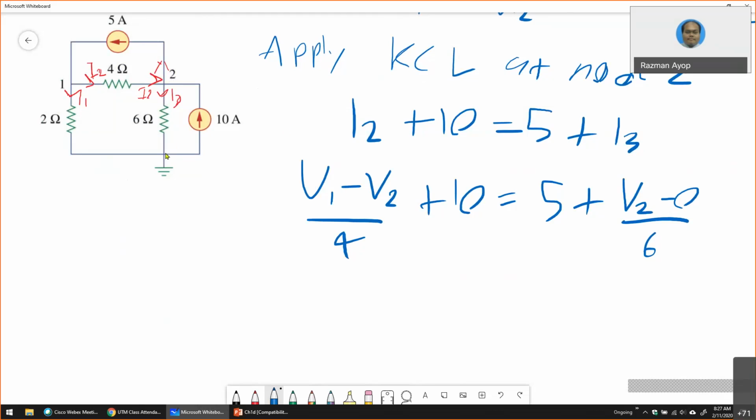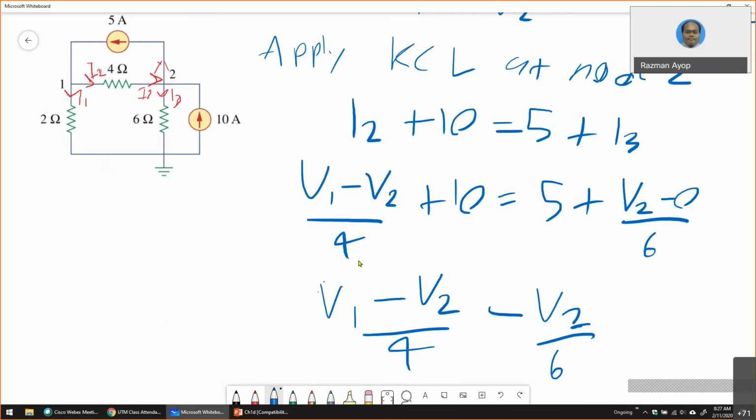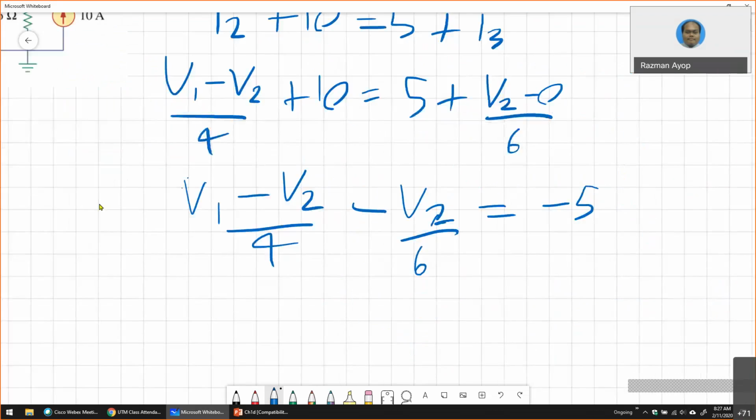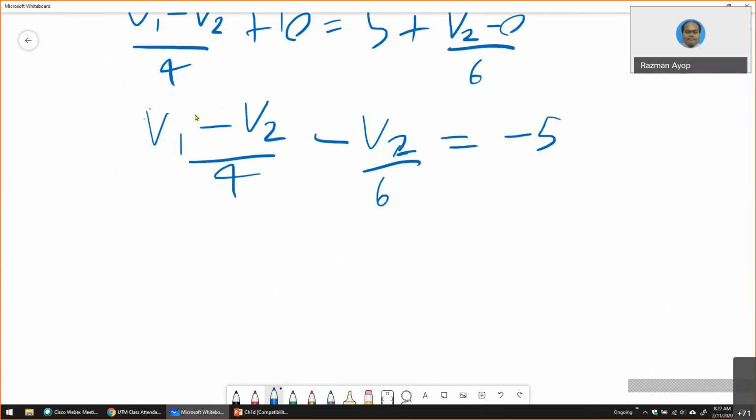Then you move around to become a standard equation. So V1 minus V2 divided by 4, minus V2 divided by 6, equals to negative 5. Then you simplify it more.